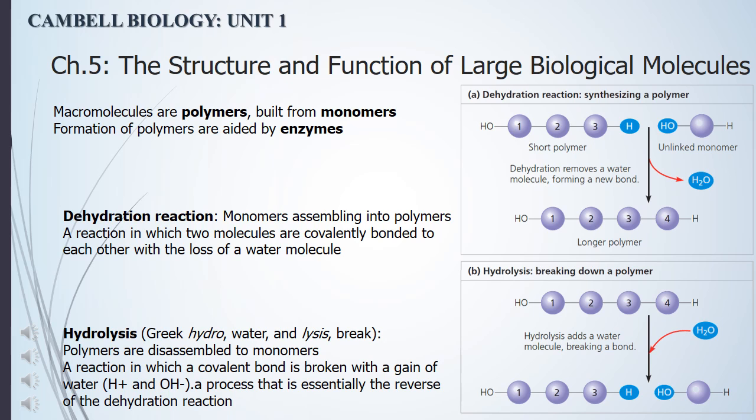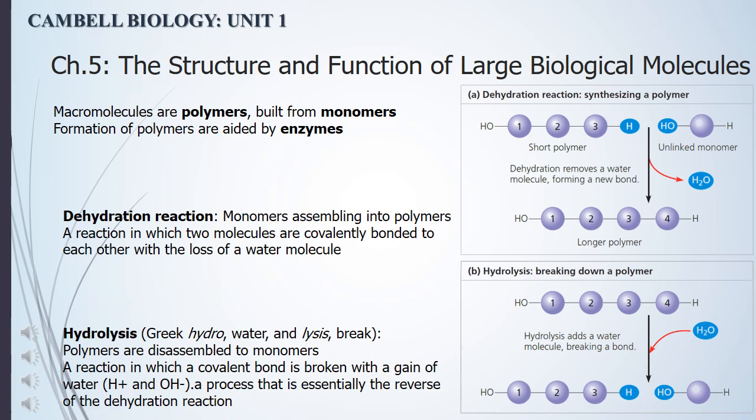As you can see on image A, we have a short polymer and we have an unlinked monomer. We have a hydrogen at the end of the short polymer, and we have an OH group on the monomer.